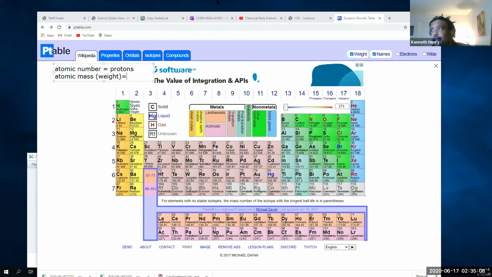Now, I'm going to kind of explain this, and then I'll explain it a little bit later, so just bear with me. This here is our atomic mass. Our atomic mass is basically the sum of the protons and the neutrons. So it's our protons plus the neutrons. Basically. More exactly, I'm going to tell you the mass number.